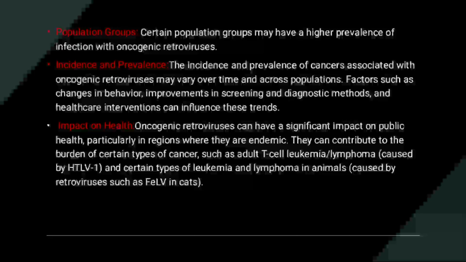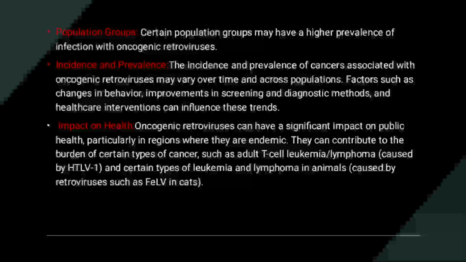Population groups. Certain population groups may have a higher prevalence of infection with oncogenic retroviruses. Incidence and prevalence. The incidence and prevalence of cancers associated with oncogenic retroviruses may vary over time and across populations. Factors such as changes in behaviors, improvements in screening and diagnostic methods and healthcare interventions can influence those trends.